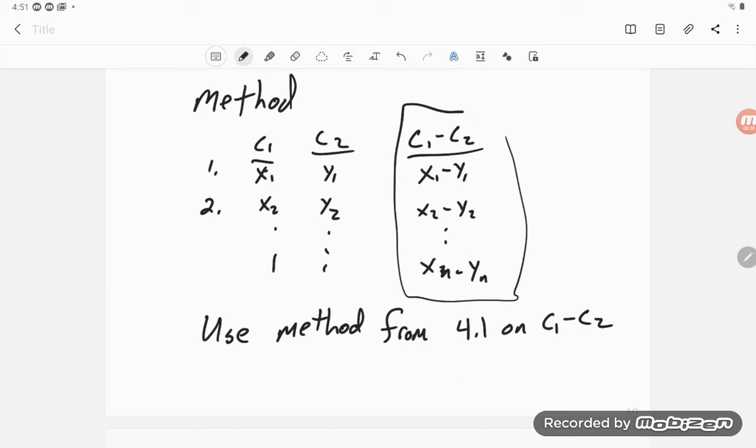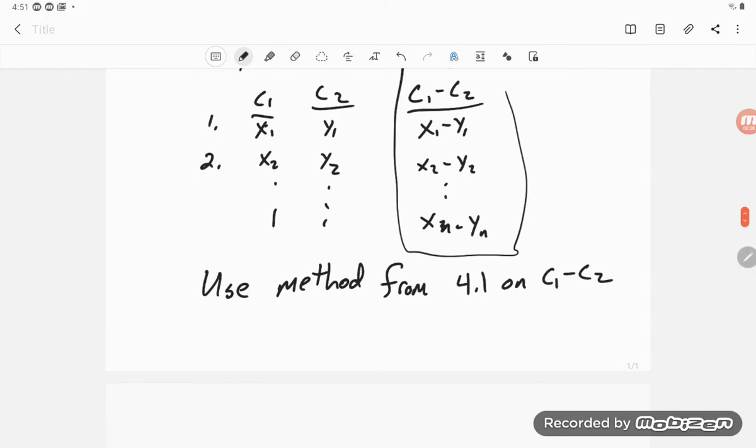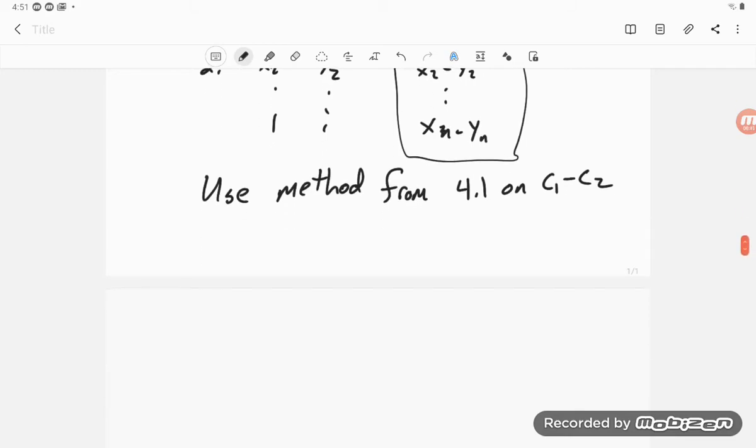If I think the data are paired this way, as in the case of each observation being a different book, where I would expect the price of a book to be about the same, I know I have dependent columns to start with. So I should do this subtraction technique, and then use the method from 4.1 so I can get a confidence interval.